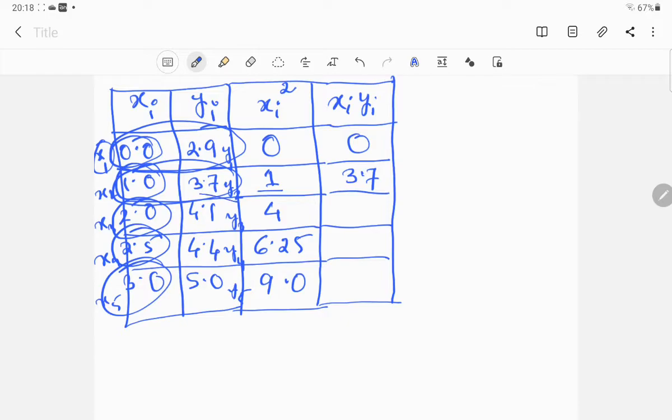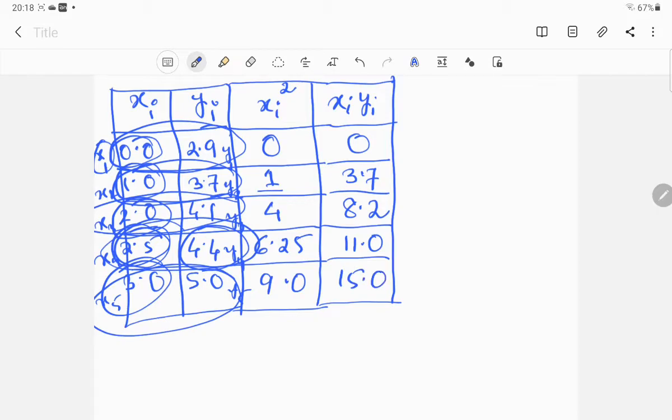Then 4.1 into 2 is 8.2. Next, 4.4 into 2.5 is equal to 11.0. Next, 3.0 into 5.0 is equal to 15.0.